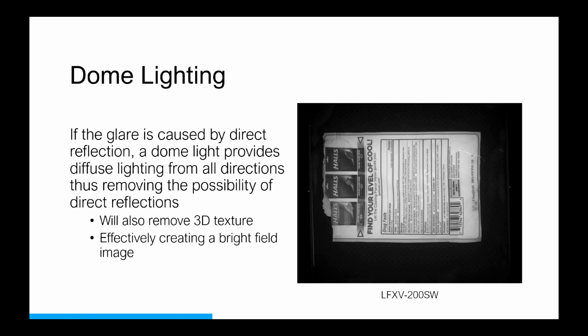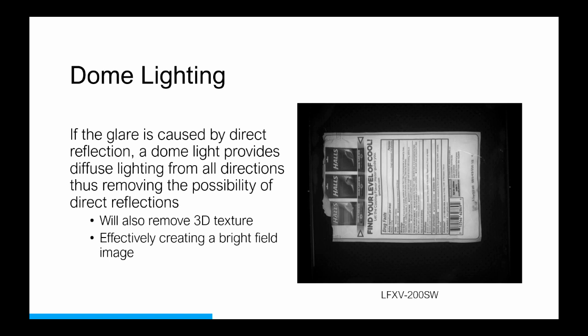What a dome light is doing is essentially creating that bright field image I talked about a few slides ago, where the light is providing a diffuse light from all directions, and so we're capturing all the direct reflection. There's no unwanted direct reflection because we're capturing all of it.